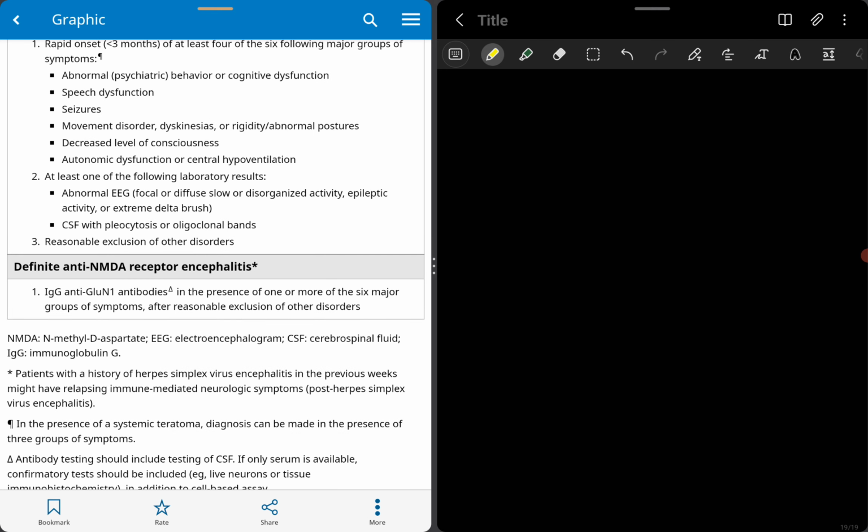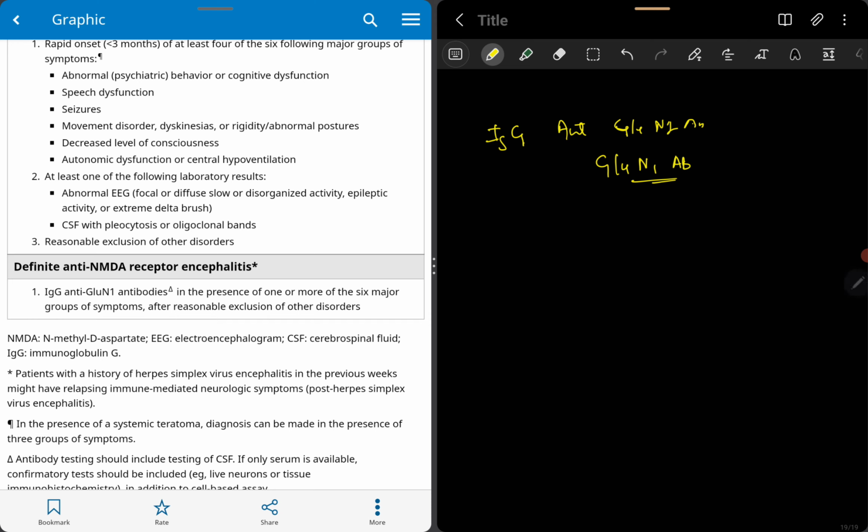Now the other is definitive. If you get this antibody, then what happens? The antibody should be IgG anti-GluN1 antibody. You get the GluN1 antibody in the presence of one or more of the 6 major groups of symptoms after reasonable exclusion of other diagnoses.